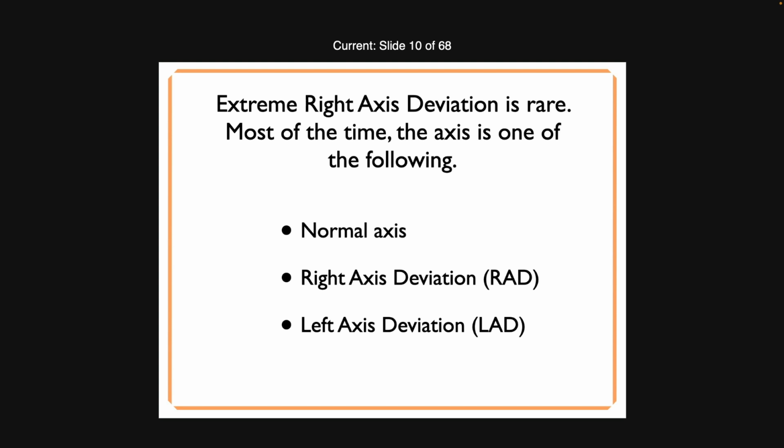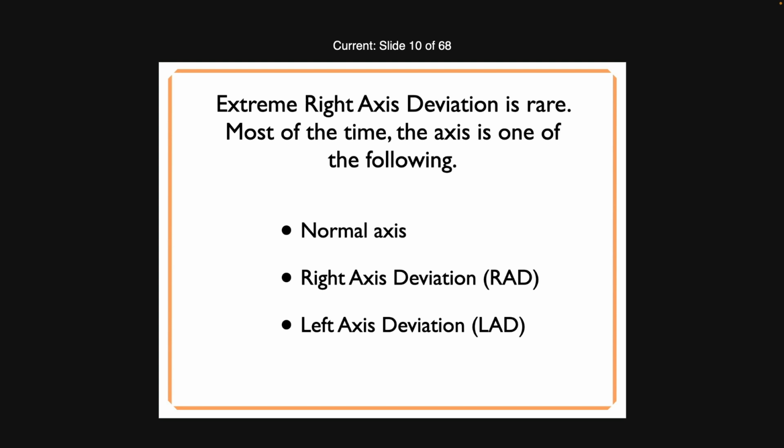Extreme right axis deviation is rare. First of all, normal axis is the most common, not necessarily within our cardiac patients, but normal axis is the most common. I don't know which is more or less common, right axis deviation or left axis deviation.